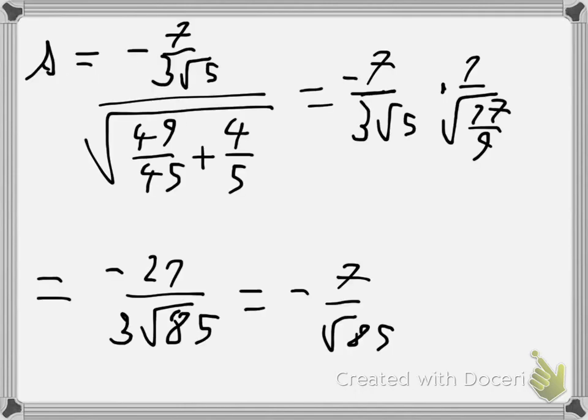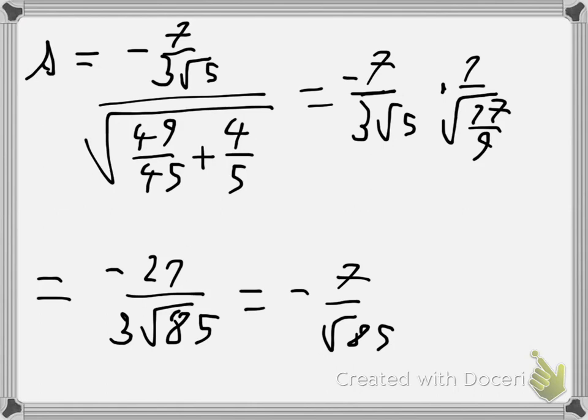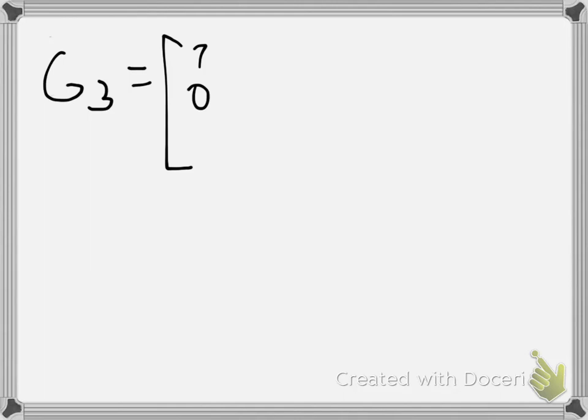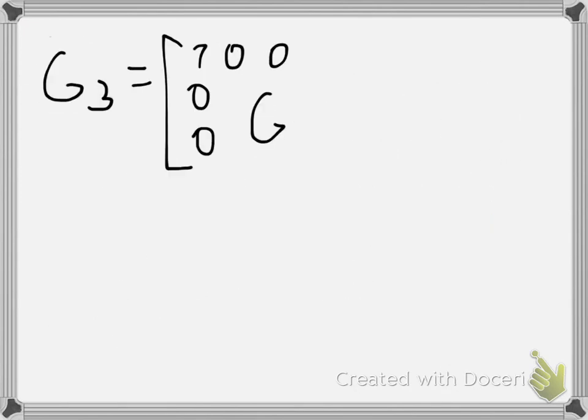Now if we want to multiply by A, we need to have the same number of columns as A has rows. So A has 3 rows, so we need 3 columns. And so basically we will define our Givens rotation J3 to be equal to 1 and zeros in the same row and column. And here we will put our Givens rotation J3 prime.